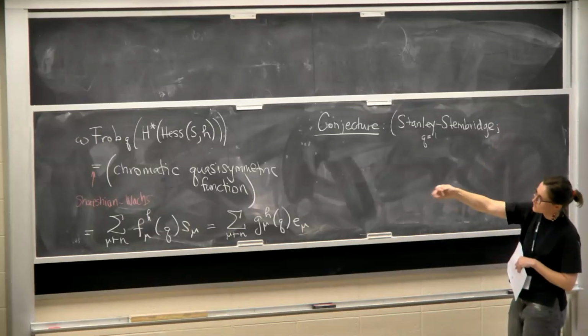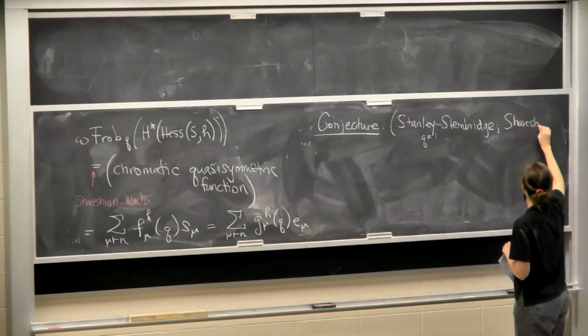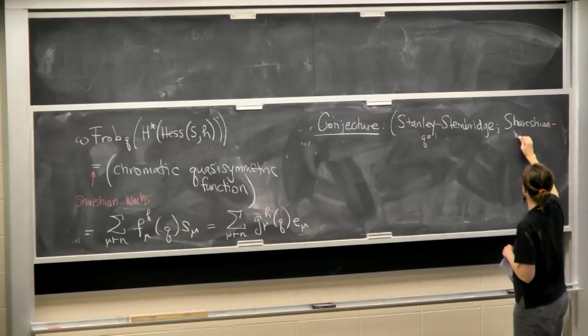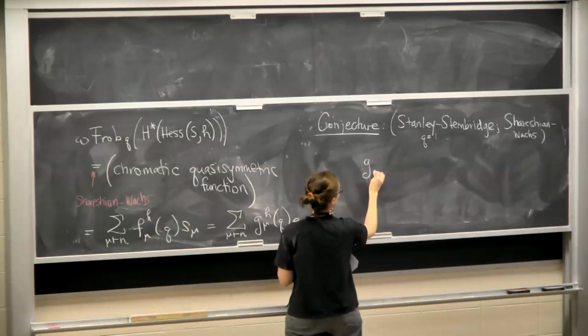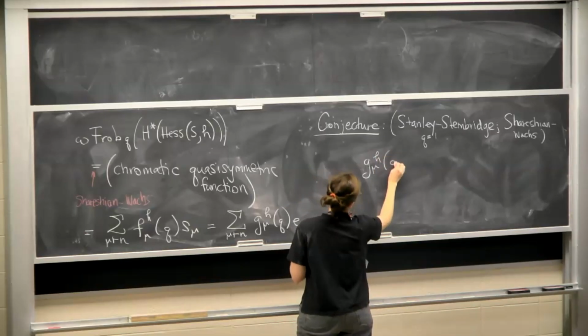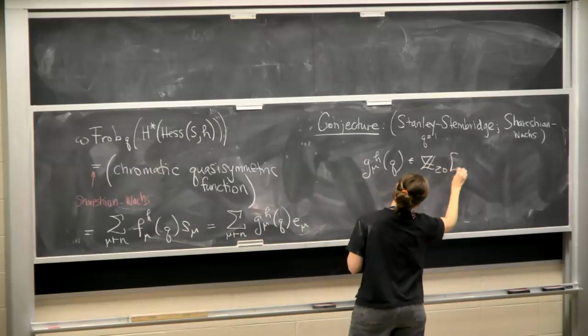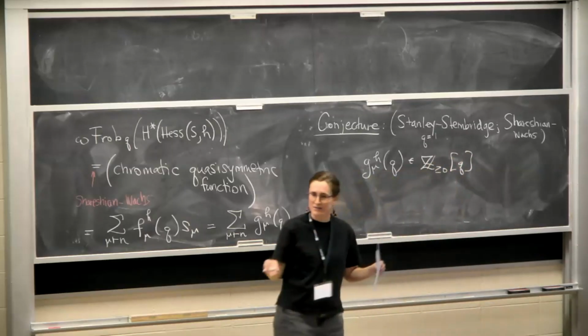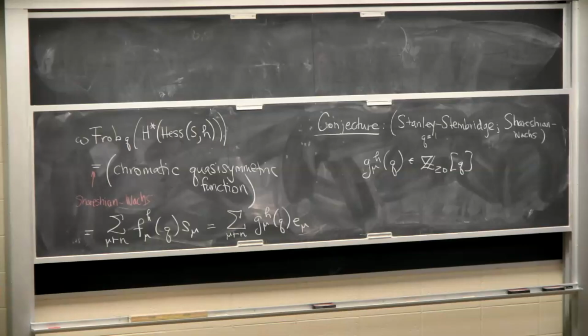And the graded version was conjectured by Shareshian and Wachs in their paper. So the conjecture is that this e expansion is in fact positive polynomials, and I should immediately say that when Q is equal to 1, this is a theorem of Hikita.